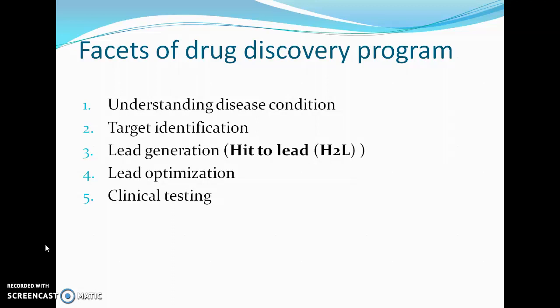For example, if the target is a G protein coupled receptor, compounds will be screened for their ability to inhibit or stimulate the receptor. If the target is a protein kinase, the chemicals will be tested for their ability to inhibit that kinase.